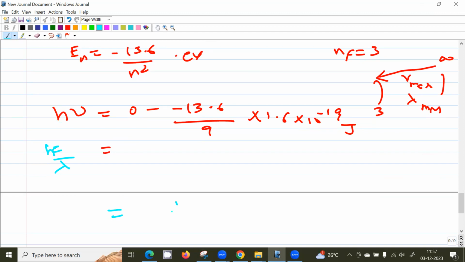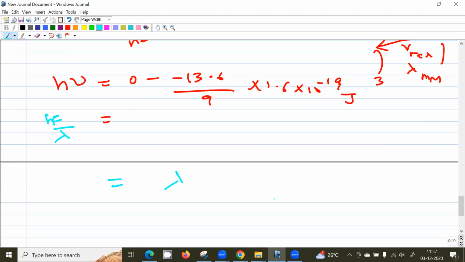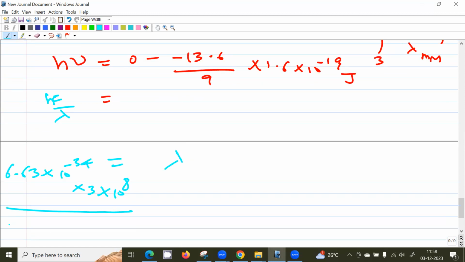So lambda will become h, which is 6.6 into 10 raised to minus 34, and c is 3 into 10 raised to 8, divided by 13.6 and 1.6 into 9. So this is lambda.